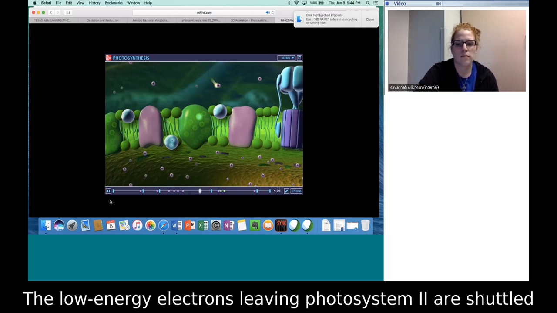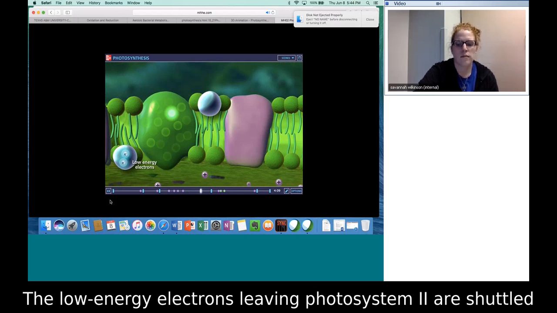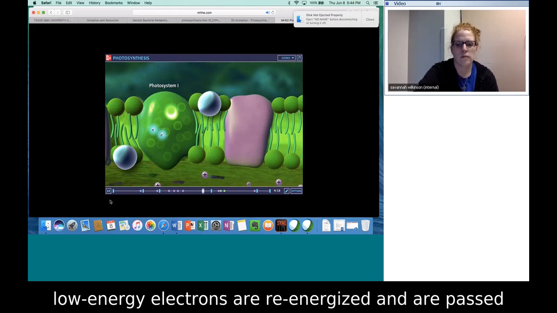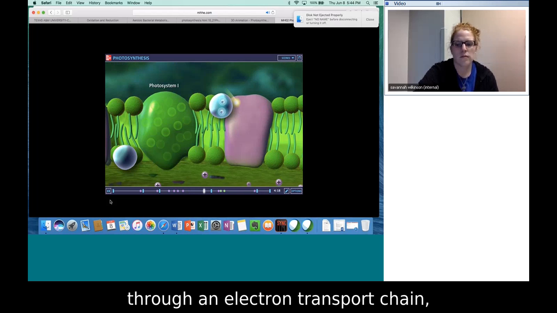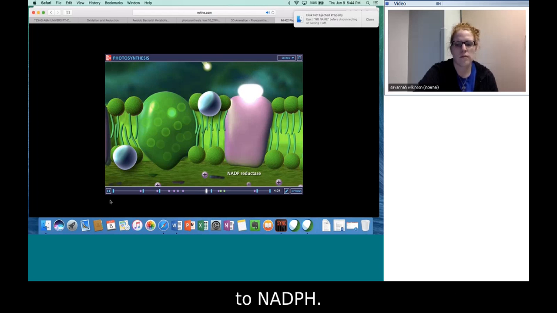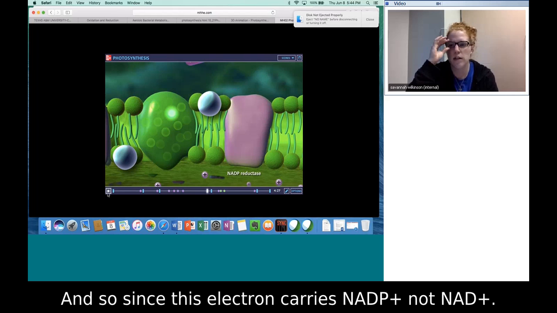The low-energy electrons leaving photosystem 2 are shuttled to photosystem 1. Within photosystem 1, low-energy electrons are re-energized and are passed through an electron transport chain where they are used to reduce the electron carrier NADP+ to NADPH. So notice in photosynthesis, the electron carrier is NADP+, not NAD+.